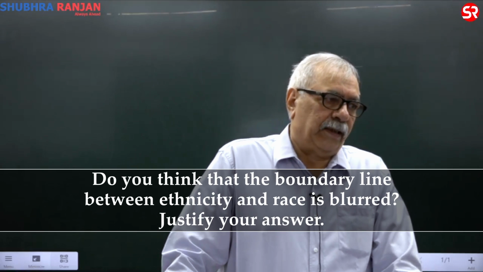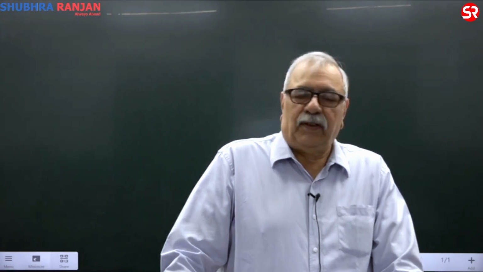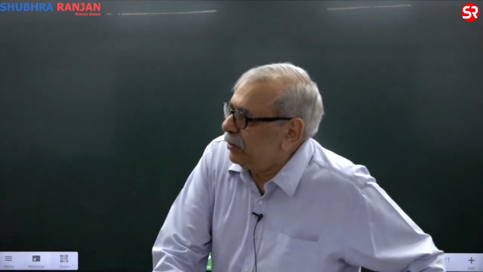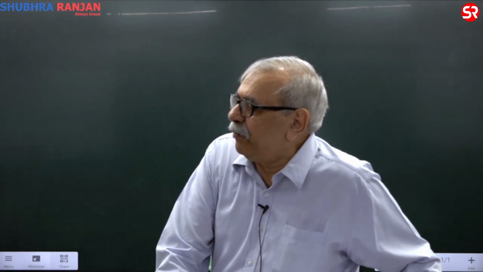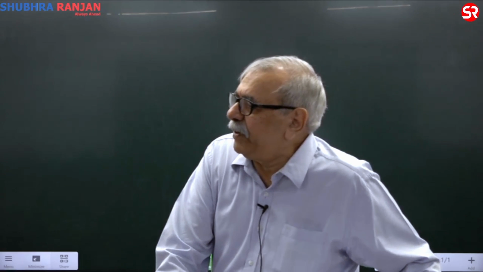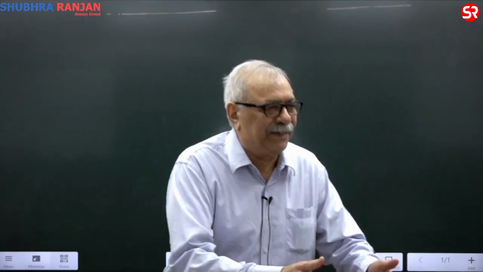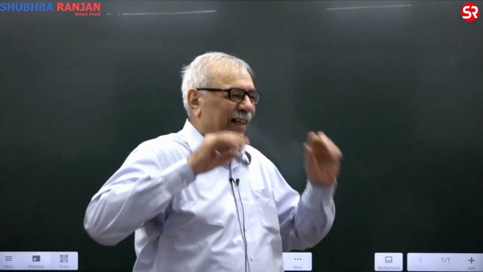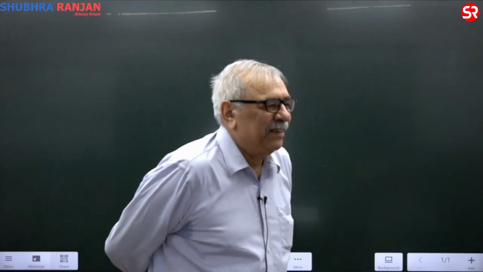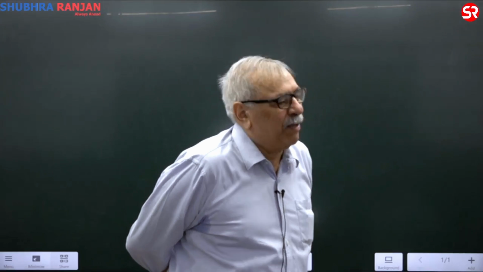Justify your answer. For your information, this question has been straight away lifted from Haralambos, page 159, where Haralambos only says that actually the line between ethnic group and race is blurred.